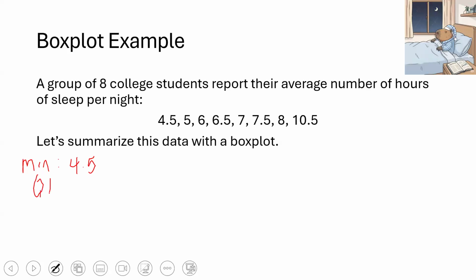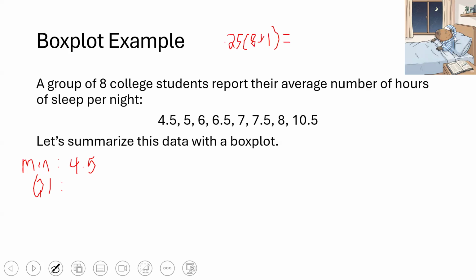Q1, to get Q1, now we're doing the exact same thing as before. There are 8 college students this time, right? So with 8 college students, we're doing 0.25 times 8 plus 1.